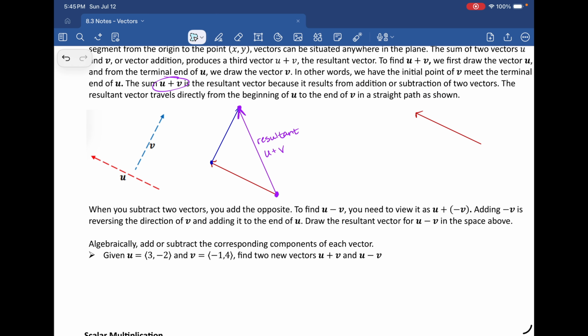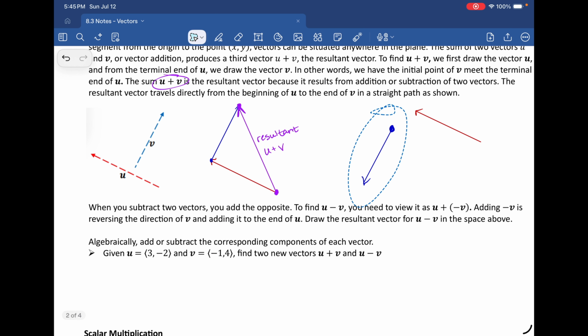Now, when I subtract v, my initial point is actually going to start at the end. We're going to go in the opposite direction. So instead of going up and right, we're going to go down and left. And again, that starts at the terminal point of the first vector.